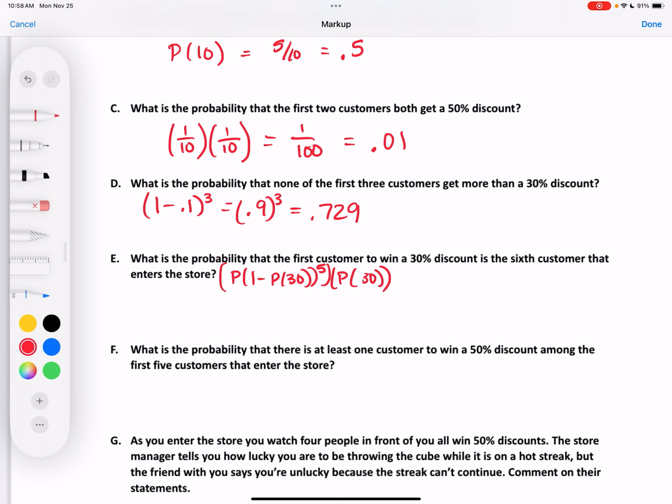So 1 minus this probability would be 0.8 raised to the 5th, and then the probability of 30% is 0.2. And this comes out to be 0.0655.